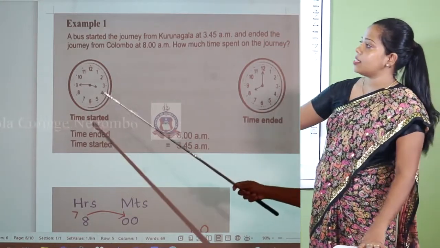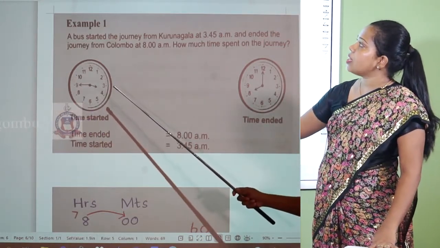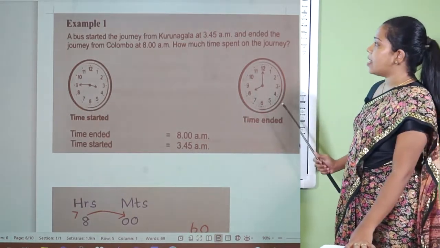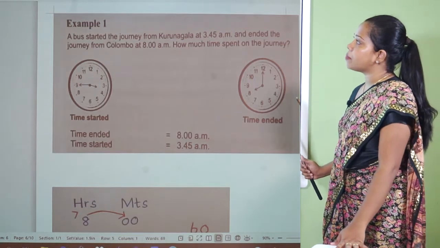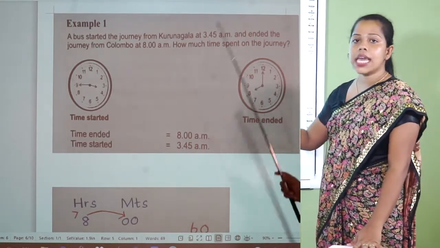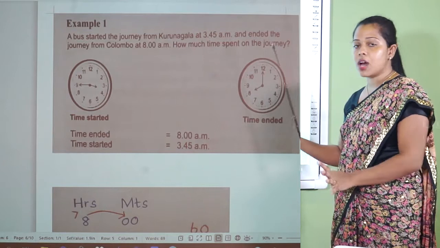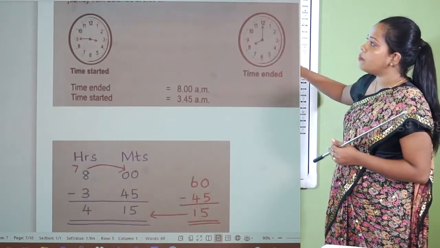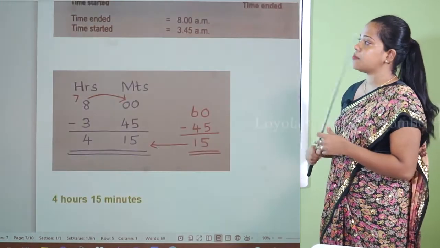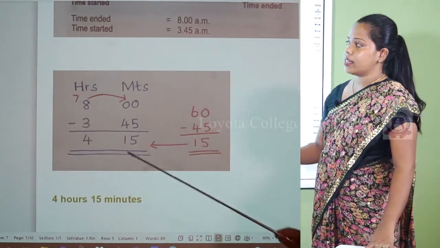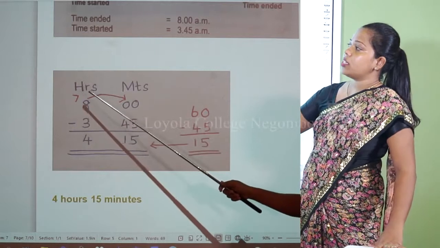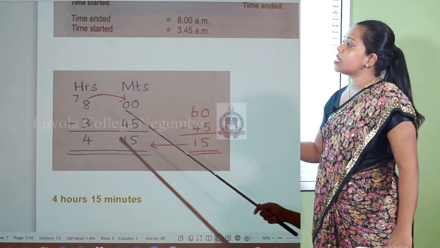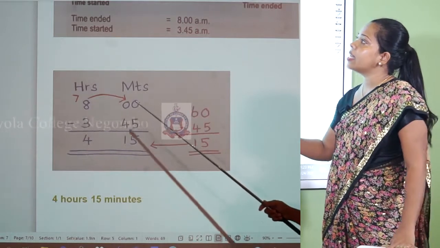What is the started time? It's 3:45 a.m. And what is the time ended? It's 8 a.m. Both times are given in a.m., so no problem in solving this sum. Here, to calculate the time spent, you need to write hours and minutes like this, and first you must write the time ended.